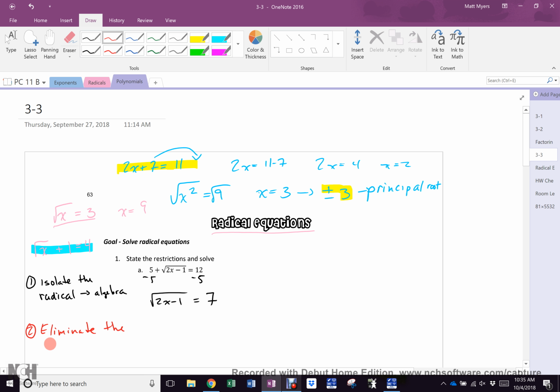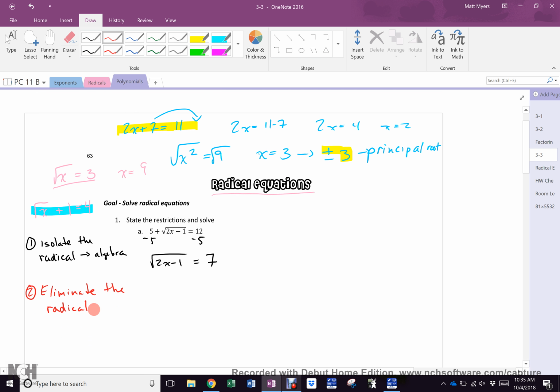Eliminate the radical. How do I eliminate a radical? If it's a square root, I eliminate it by squaring. What if it's a cube root? Do I cube it? I think so. Or 3 over 1. Which is it?